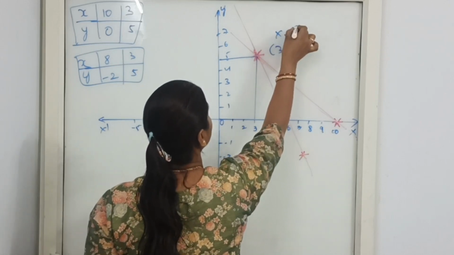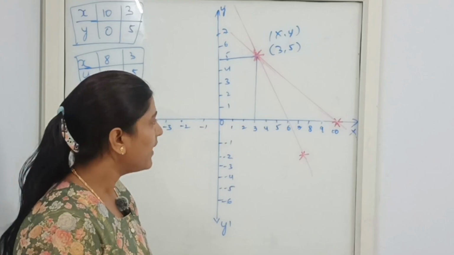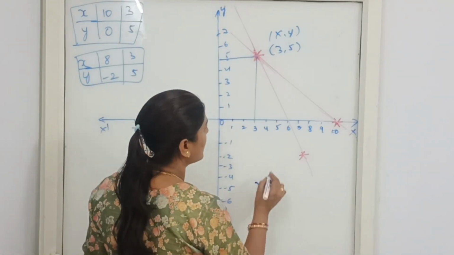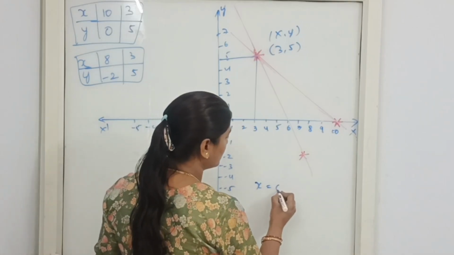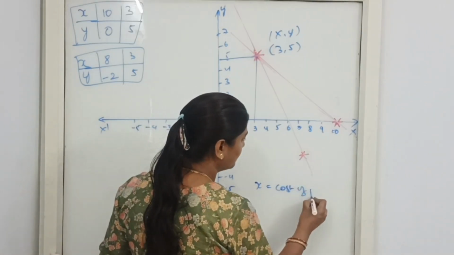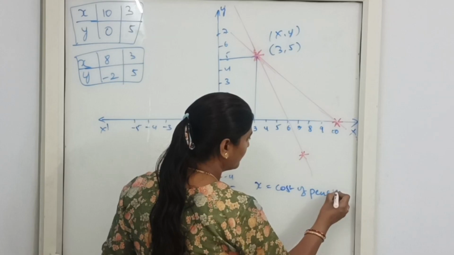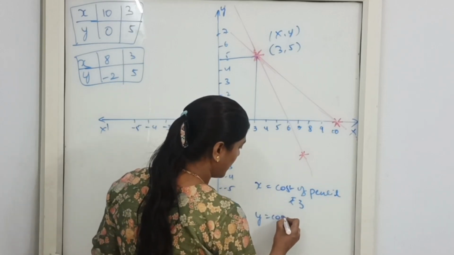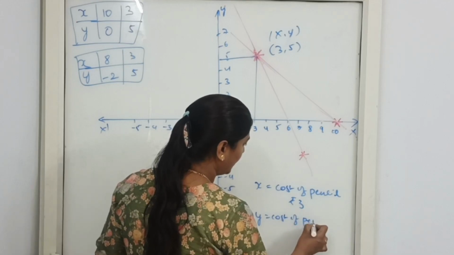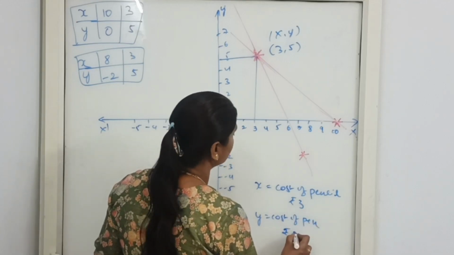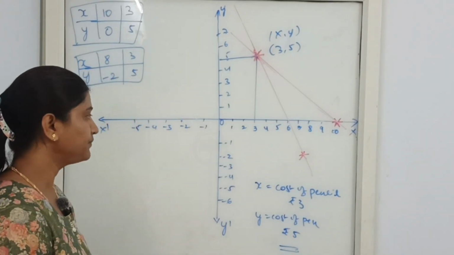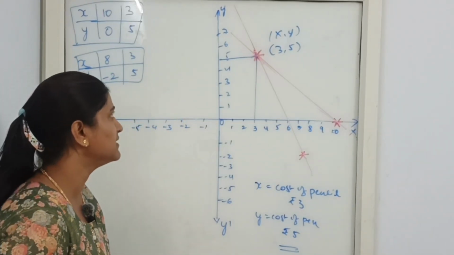Always start with the x-axis point and then the y-axis point. So what is x? x is the cost of pencil, no. So the cost of pencil is rupees 3. Then y is the cost of pen, that is rupees 5. So like this we need to find out the cost of pen and pencil.